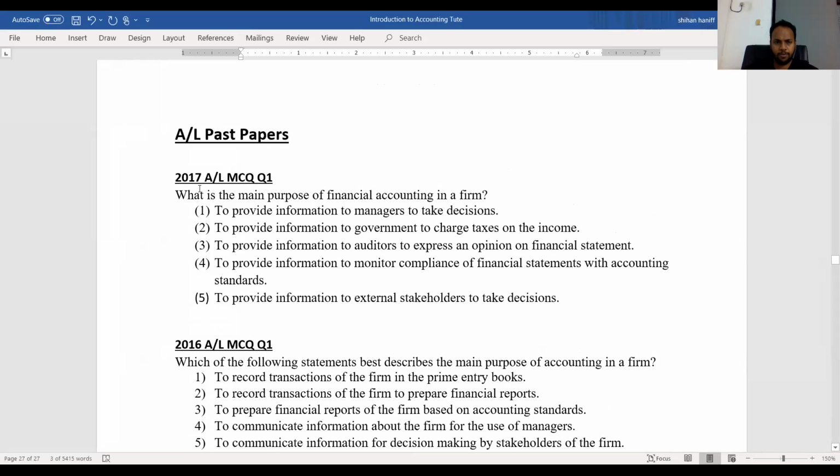Now tell me the answer for 2017 CT1. You can write the question number and give me the answer. We'll do around 5 questions.